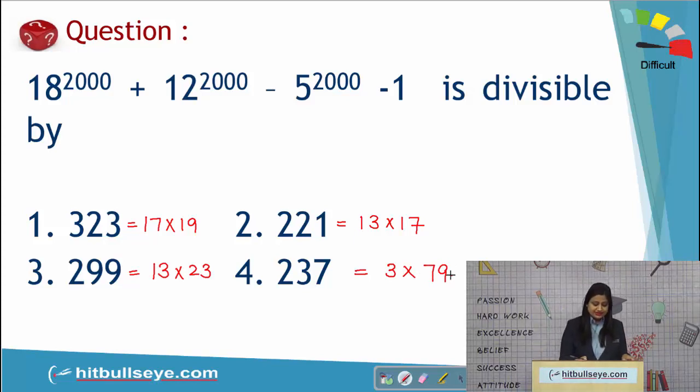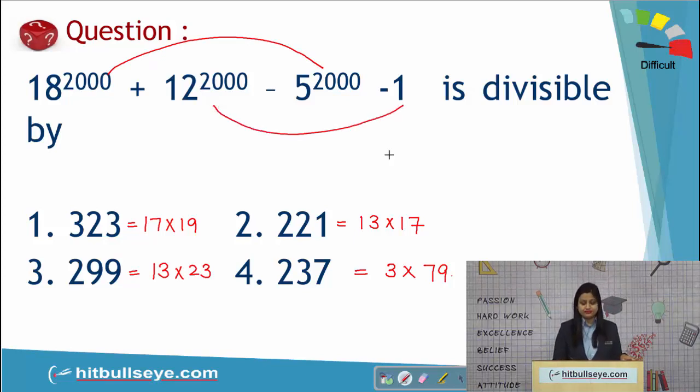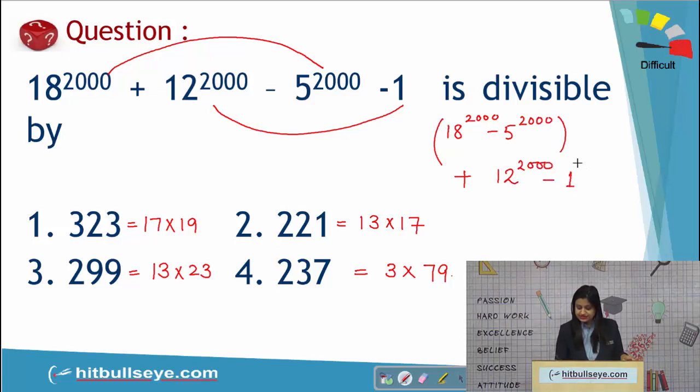So, let us take the expression. If we combine 18 raised to power 2000 and 5 raised to power 2000, and 12 raised to power 2000 with 1. Let us write them together. Since 1 can be written as 1 raised to any power, that's why I have written it as 1 raised to power 2000.